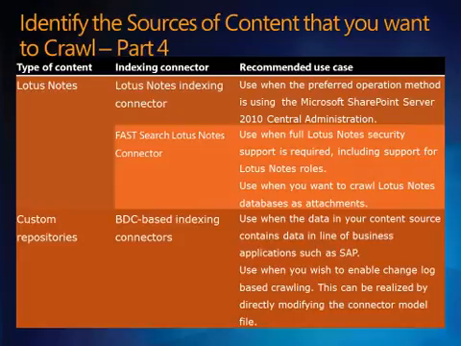The connector fully supports Lotus Notes security, including roles, and can index Lotus Notes databases as attachments. There are additional prerequisites and configurations in order to be able to crawl Lotus Notes content with the Lotus Notes indexing connector. These are mainly related to Lotus Domino settings.